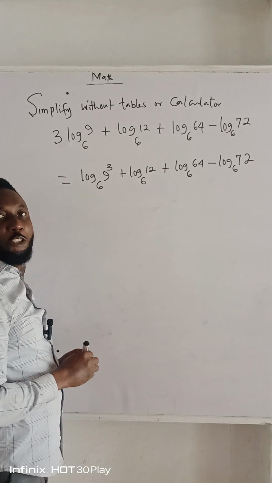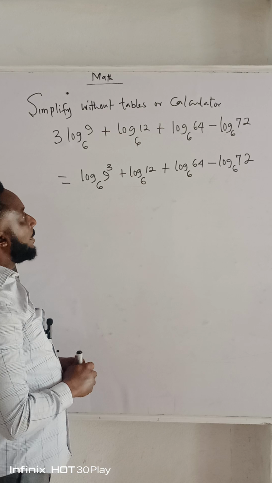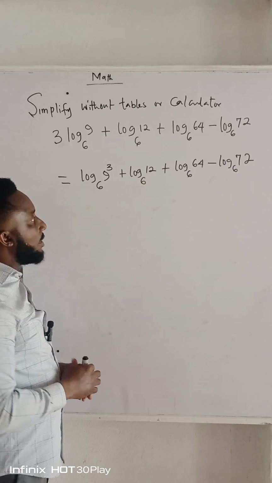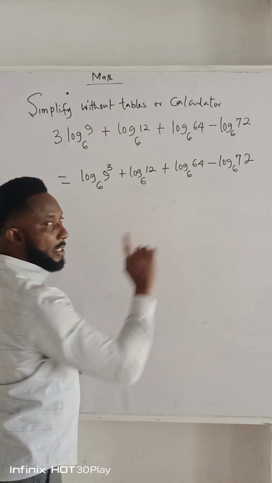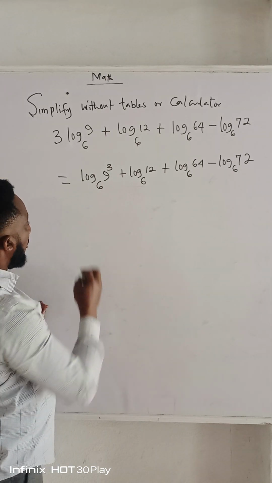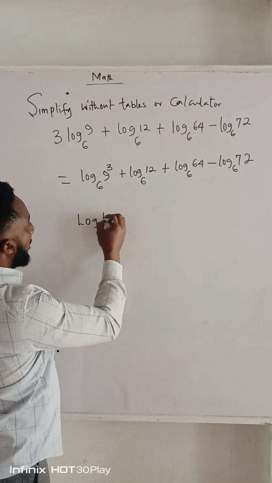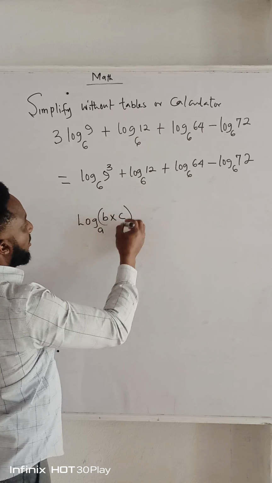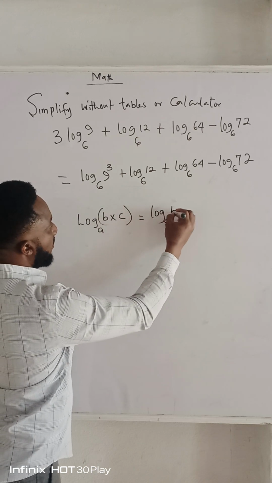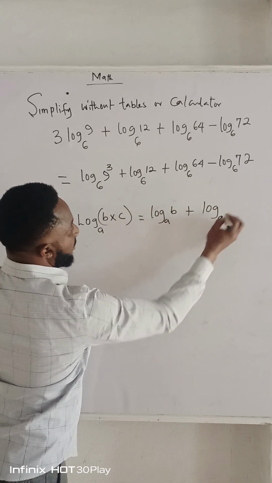Now, from the multiplication slash addition law of logarithm and the division slash subtraction law of logarithm, we can simplify this. It's a one-step solution. From the multiplication law, if we have logarithm to the base of a of the argument b multiply c, we can write this as logarithm to the base of a of the argument b plus logarithm to the base of a of the argument c.